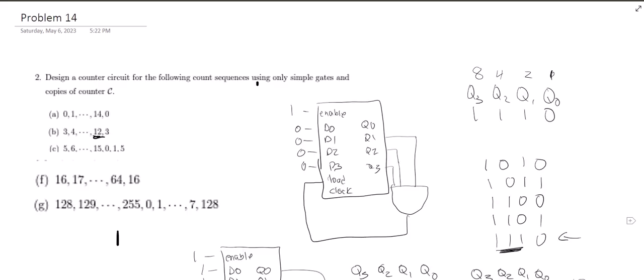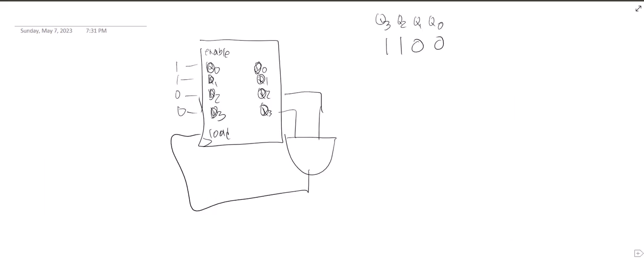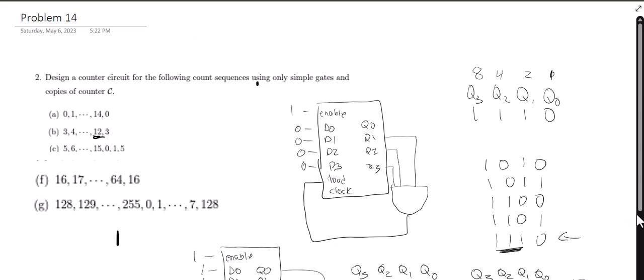Okay, so now we have 5 to 15, and then to 0, and then to 5. So we start over at 5. So that's a little different. So we're going 5, 6, 7, 15, 0, 1, 2, 3, oh no, 0, 1, and then 5.